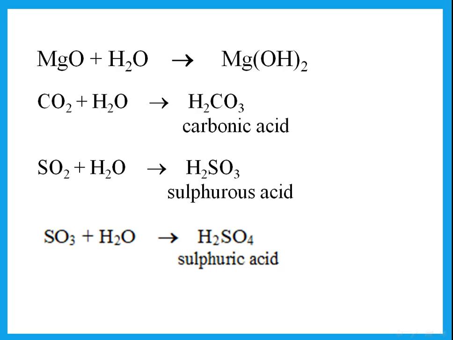Sulfur trioxide plus water forms sulfuric acid. Are you paying attention? Sulfur dioxide and sulfur trioxide are both acidic. But sulfur dioxide will dissolve in water to form which acid? Sulfurous acid, H2SO3, while sulfur trioxide will dissolve in water to form sulfuric acid, H2SO4.